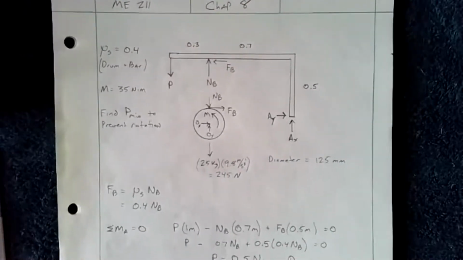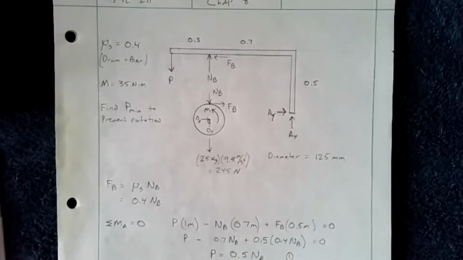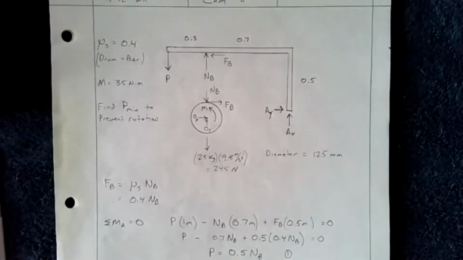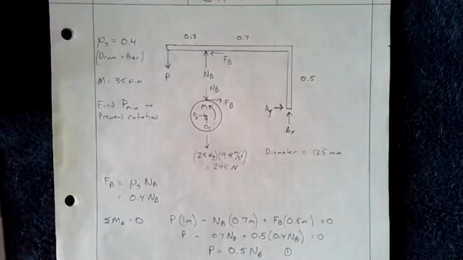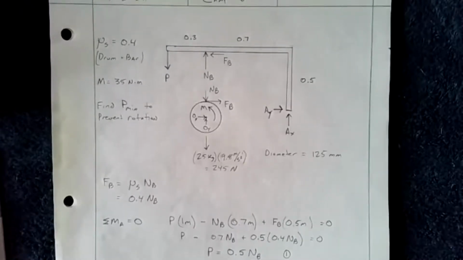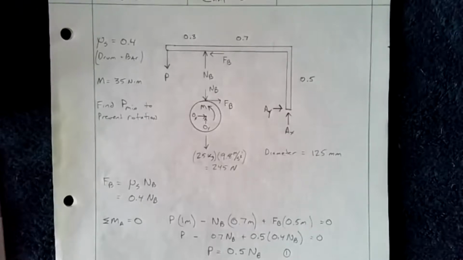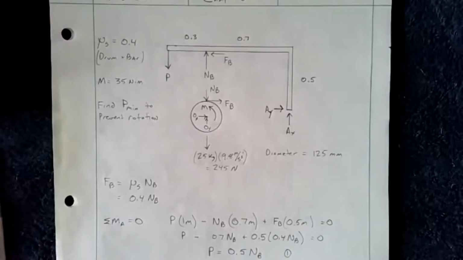So if we go ahead and sum the moments about A, what do we get? We get P times 1 meter minus the normal force B times 0.7 meters plus the friction force at B times 0.5. Because we're on the verge of motion, we substitute in the friction force for mu times the normal force.